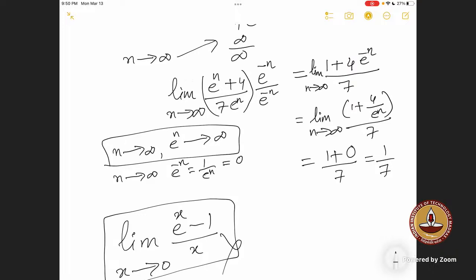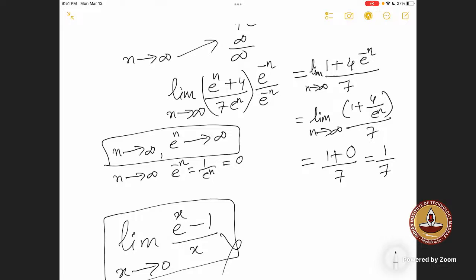Simple thing: you simply multiply both the numerator and denominator by e power minus n. Then you just have to use this fact that as n tends to infinity, e power minus n will tend to 0.